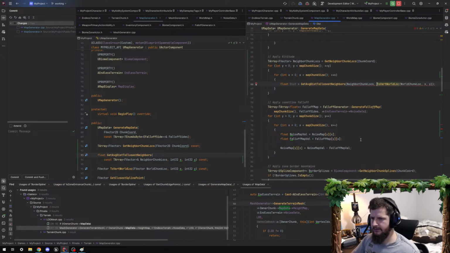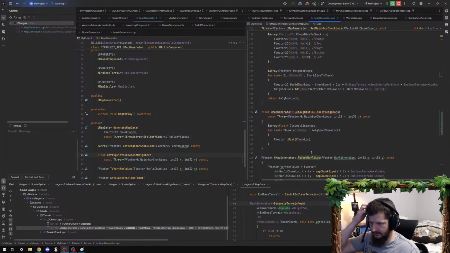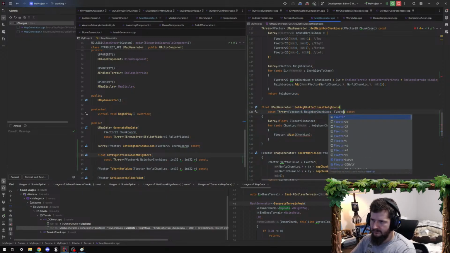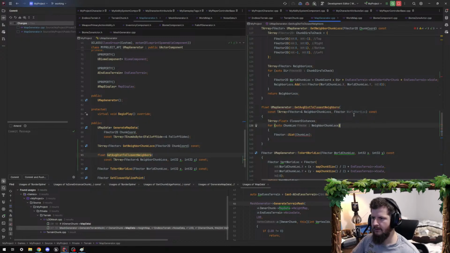Neighbor chunk locations there, okay. And now this is going to take in the world vert location without any height information on it, which is important.